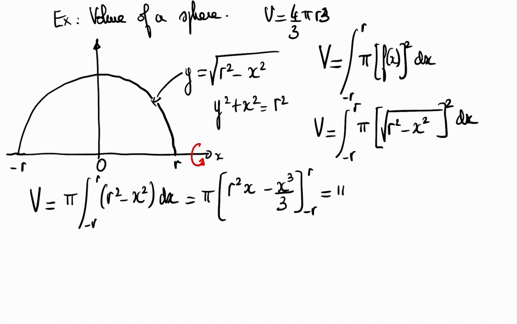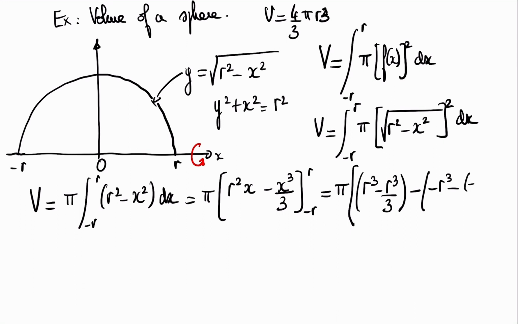So it's pi times r cubed minus r cubed on 3, minus, so what is this? Minus r cubed, plus, oh, you know what? Let's go slow. Don't want to make a mistake now.